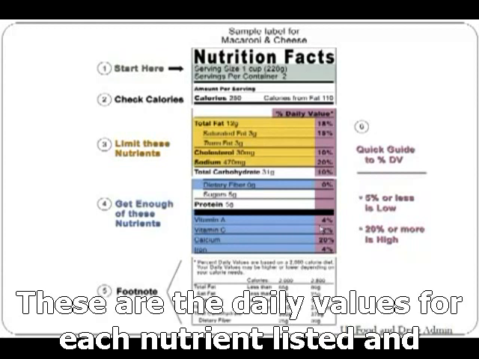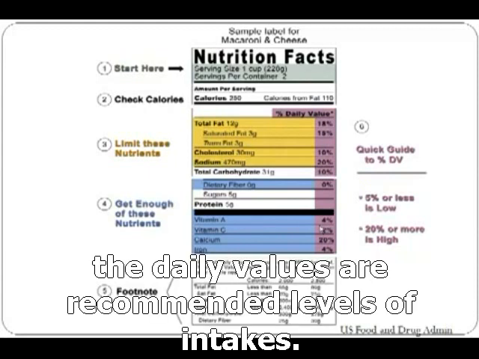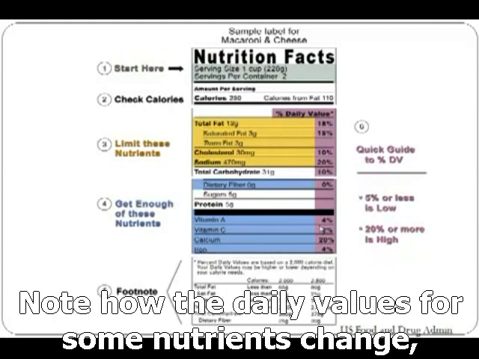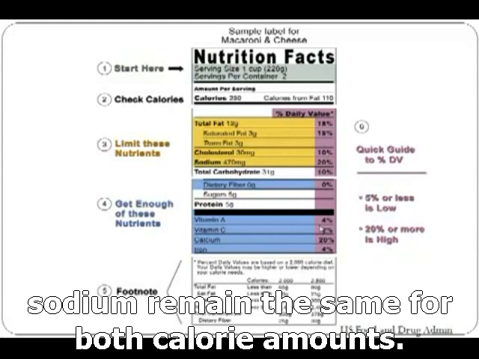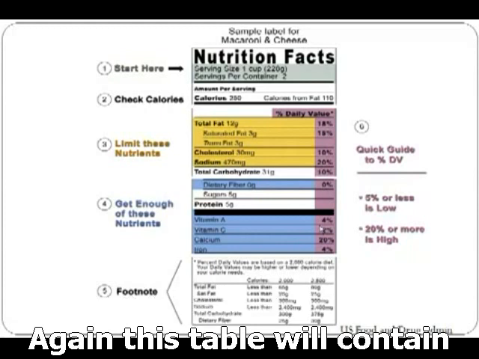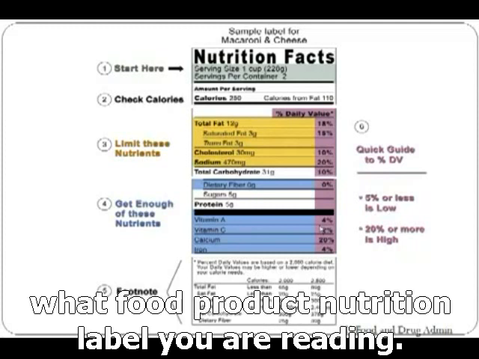These are the daily values for each nutrient listed and are based on public health experts' advice. The daily values are recommended levels of intakes. Note how the daily values for some nutrients change, while others, for example cholesterol and sodium, remain the same for both calorie amounts. Again, this table will contain the exact same information no matter what food product nutrition label you are reading.